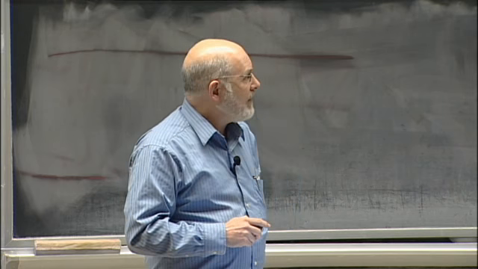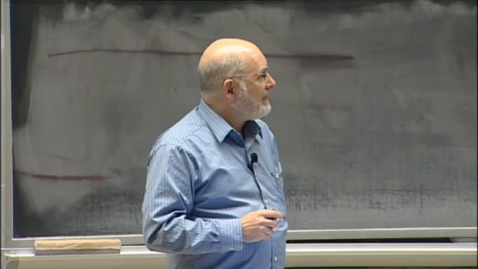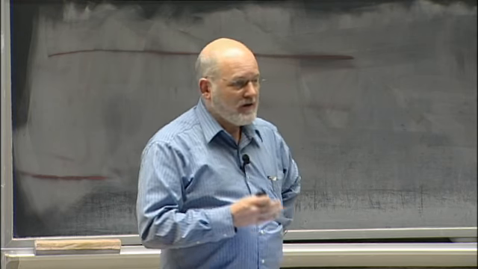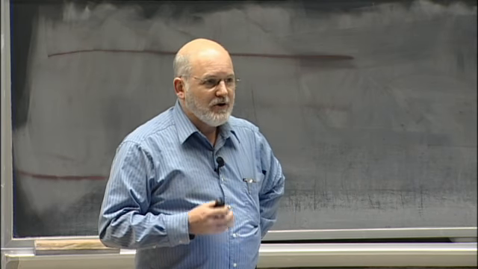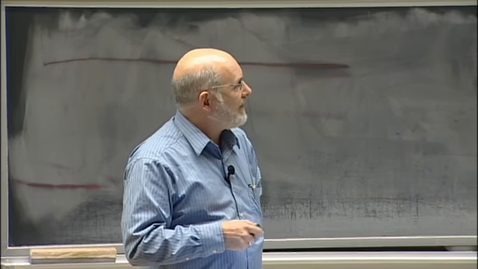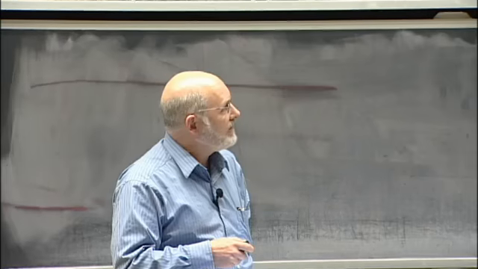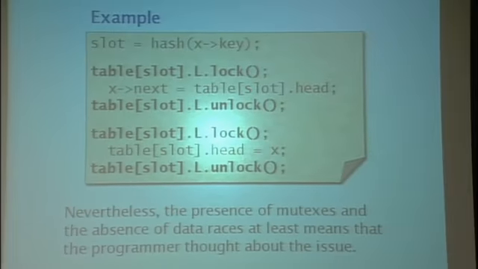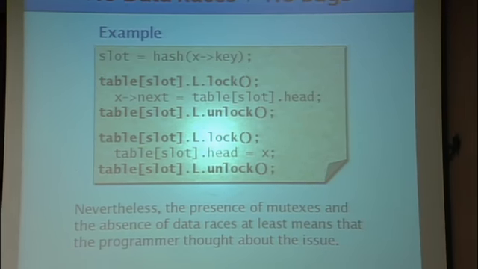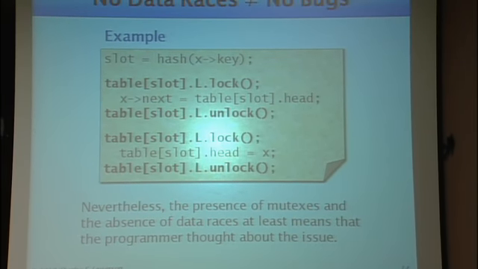However, typically, if you have mutexes and no data races, usually it means that you went through and thought about this code. And if you were thinking about this code, you would say, gee, really, I'm trying to make these two instructions be the critical section. Why would I unlock and lock again?